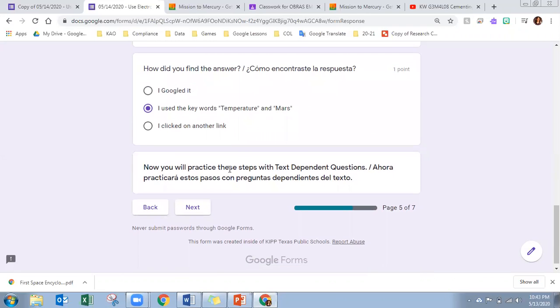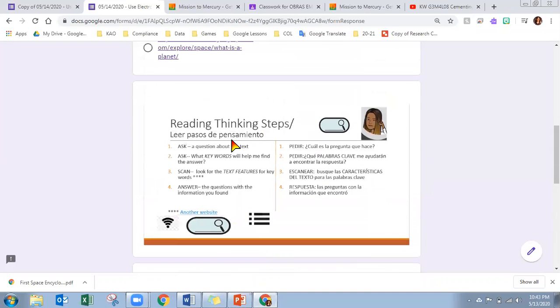Now it is your turn to practice these steps with text-dependent questions. So remember, you need to go through these steps. So ask the question, ask what keywords can help me, scan the website for text features and for keywords, and then you answer the questions.